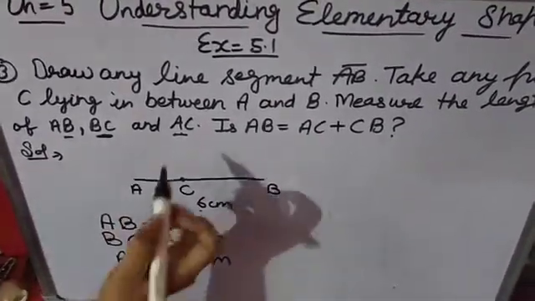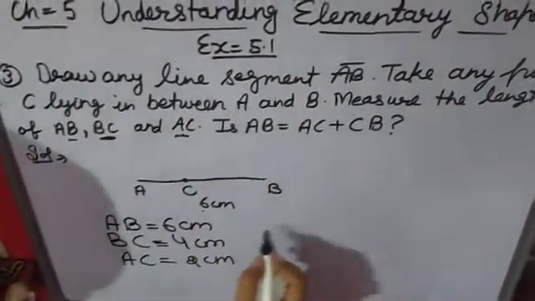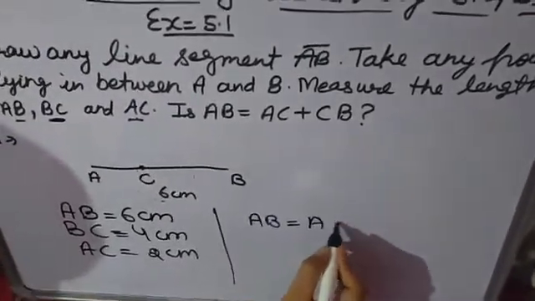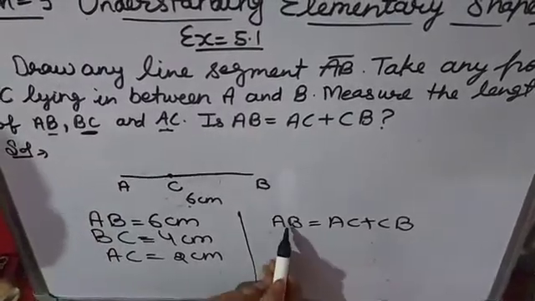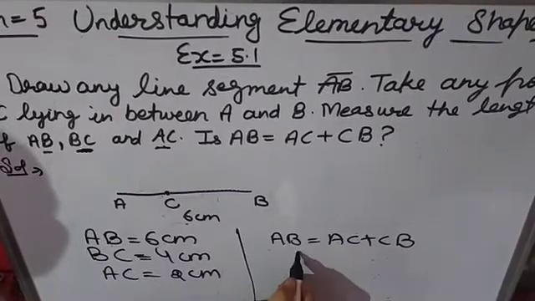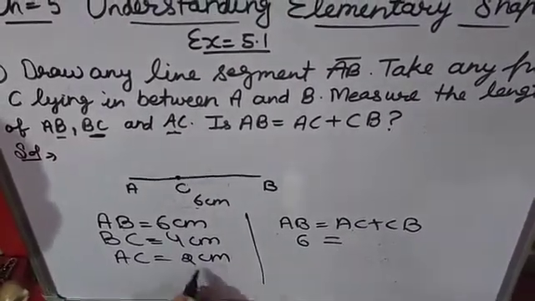Okay. Now in next line he is saying is AB equal to AC plus CB. So we will put values in this. What is the measurement of AB? 6 centimeter. So instead of AB you will put here 6 equal. What is AC? AC is 2 centimeter.